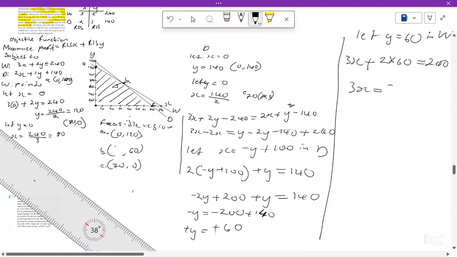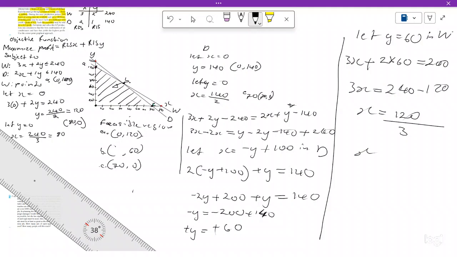So 3x equals 240 minus 120. How much is that? It's 120 still. All right, then x is 40.